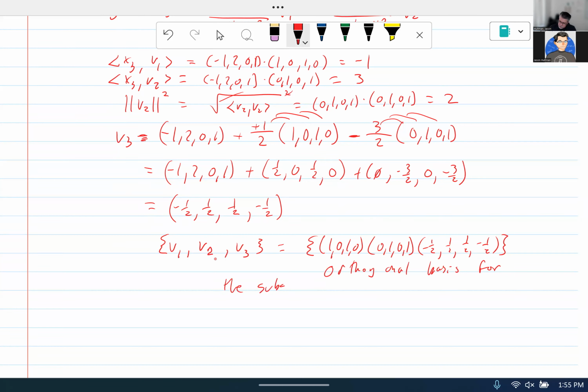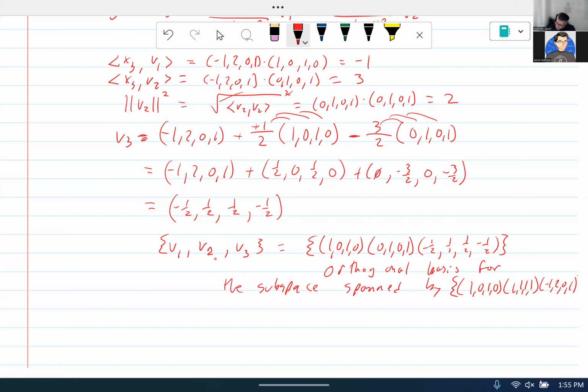the subspace spanned by 1, 0, 1, 0, 1, 1, 1, 1, and negative 1, 2, 0, 1.